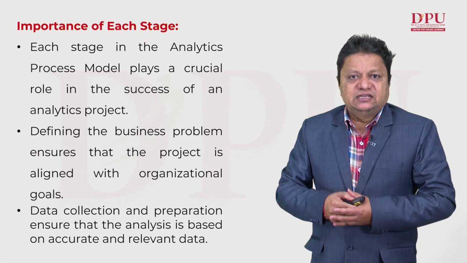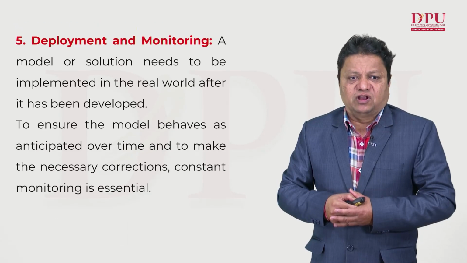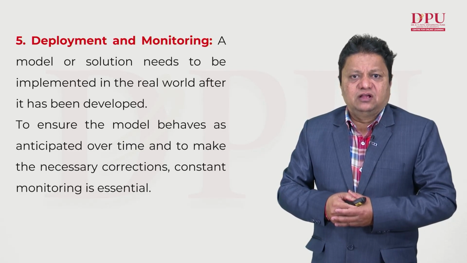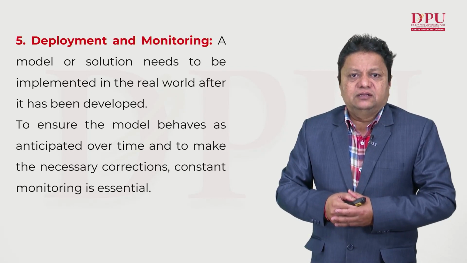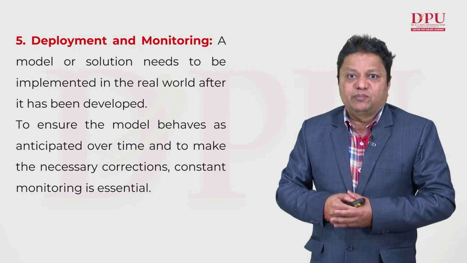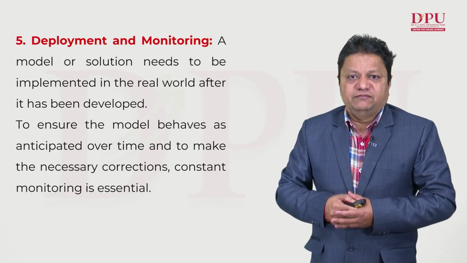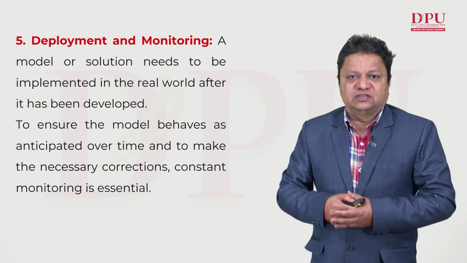So, these are the different stages of the analytic process model. It includes 5 steps, from defining the business problem to finding its solution, deploying it and monitoring the solution in the real world environment. This is the entire process of the analytic process model.